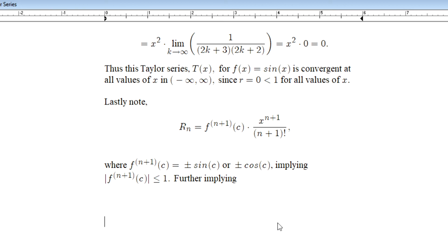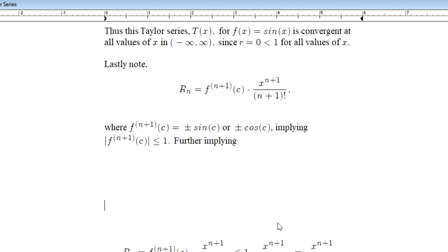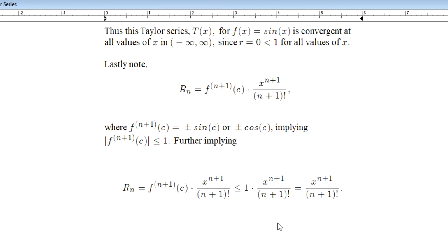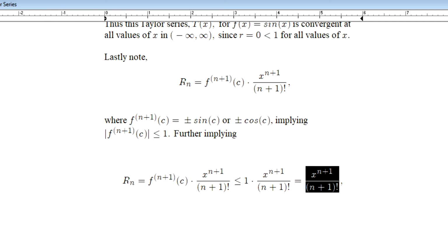Implying then that if I think about this value alone times this quantity, it will always be less than or equal to 1, because its absolute value will always be less than 1, times this quantity here, which is just this value here.